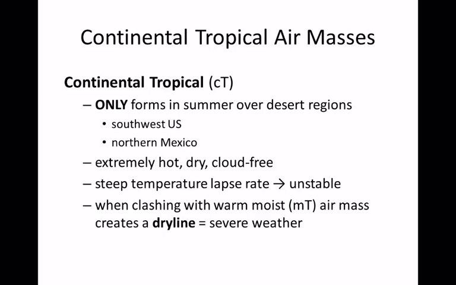And we'll talk more about this, I think, in the next chapter when we talk about fronts. But in the summertime, when that dry, warm air clashes with warm, moist air, so they're both warm, so they're both tropical. So we have continental tropical and maritime tropical. When they clash, we call that a dry line because they're both warm, but they just differ by moisture.